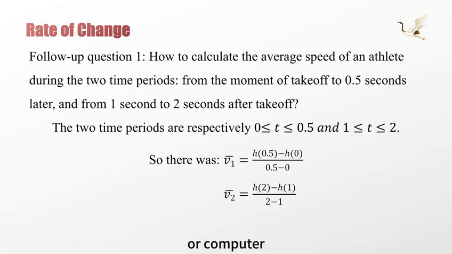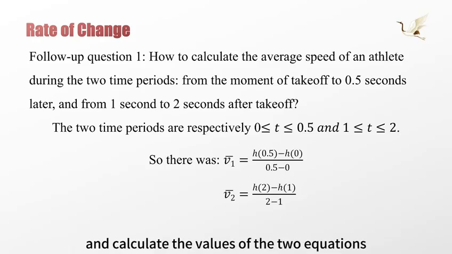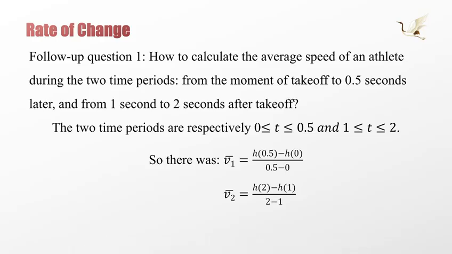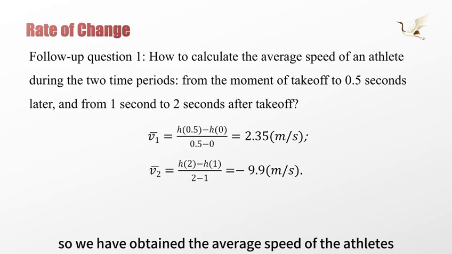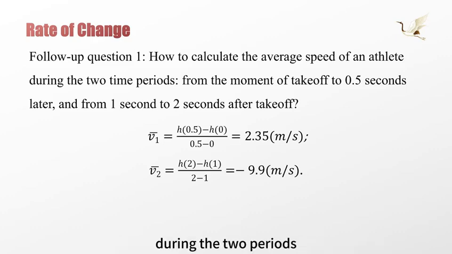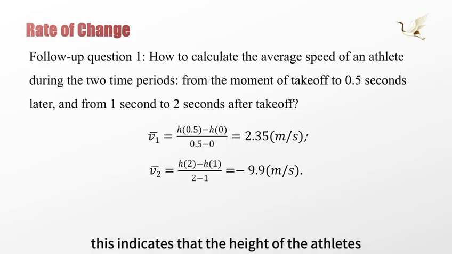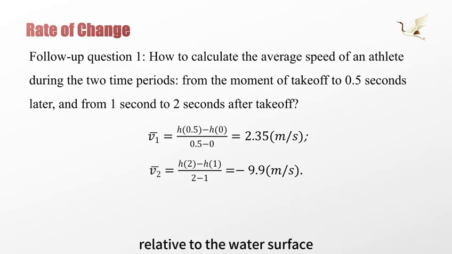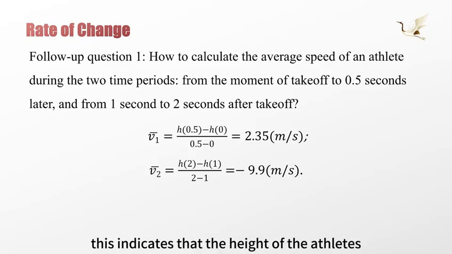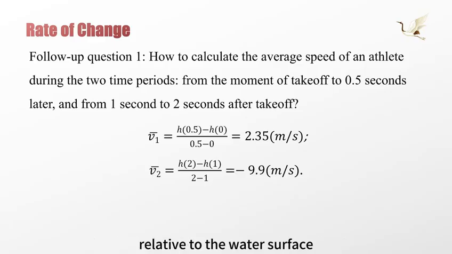You can take out your calculator or computer and calculate the values of the two equations just now. So we have obtained the average speed of the athletes during the two periods just now, where the average speed is positive. This indicates that the height of the athletes relative to the water surface has increased during this period, while the average speed is negative.